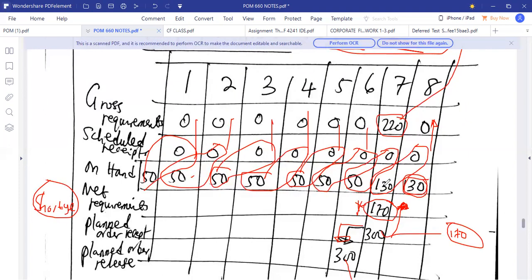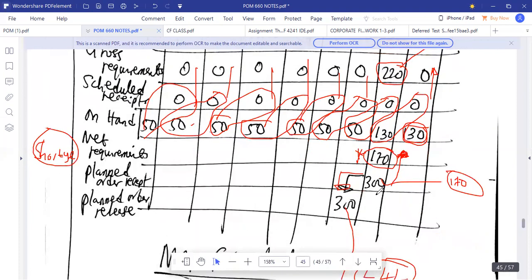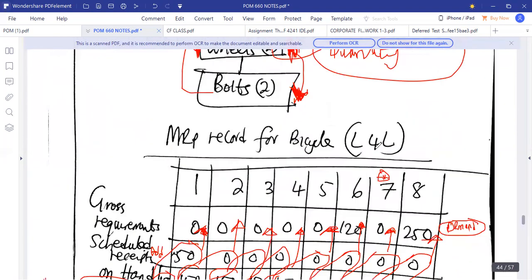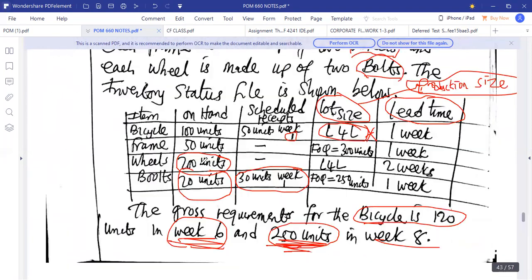So we have this one. This one is on hand physical stock, then plus 0 minus 0 there, so we still have 130 here. Then you check what our planned order release is. It will be based on the lead time for the frame. The lead time for the frame is 1 week.